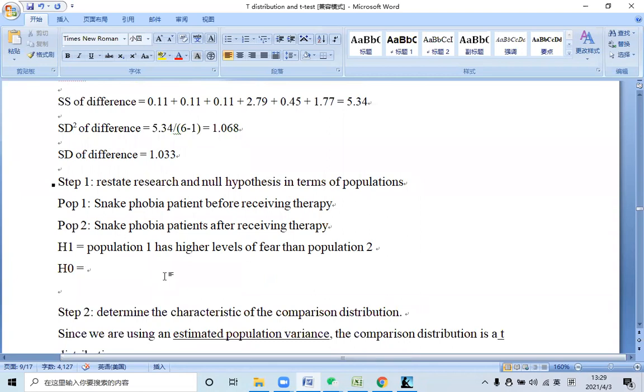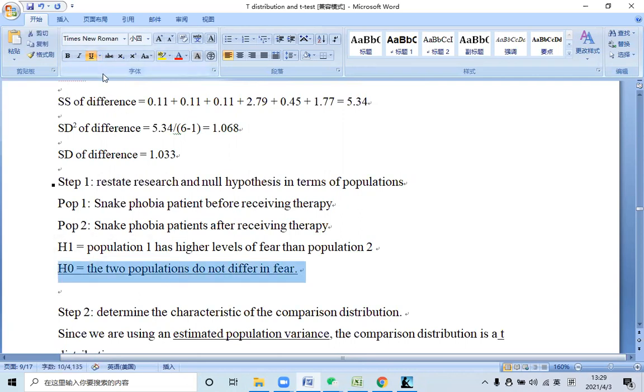That is the research hypothesis. The null hypothesis would say the 2 populations do not differ. So that's two hypotheses. You are trying to reject the null hypothesis and support the research hypothesis.